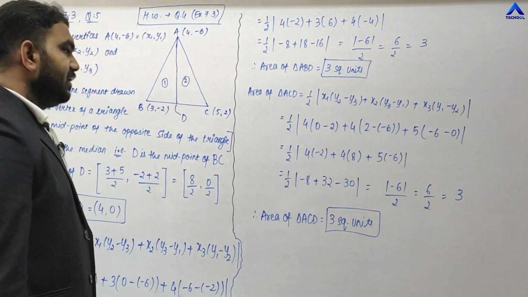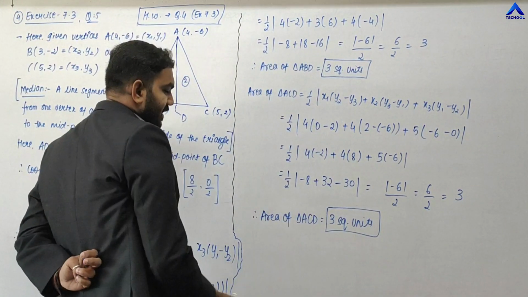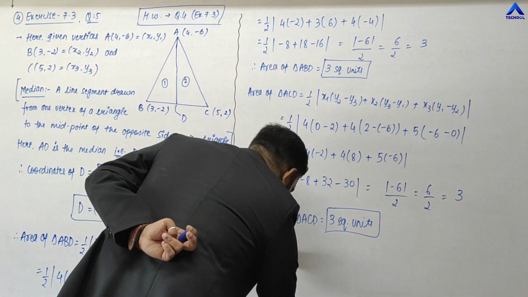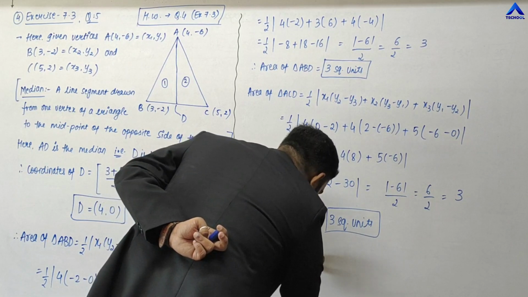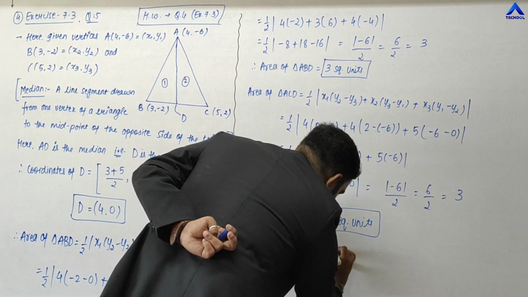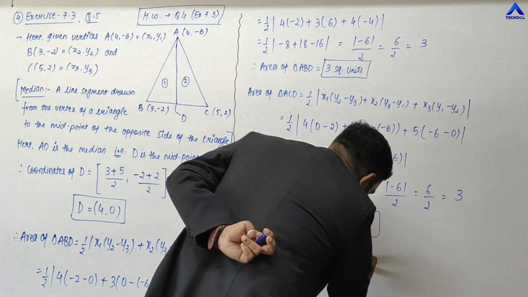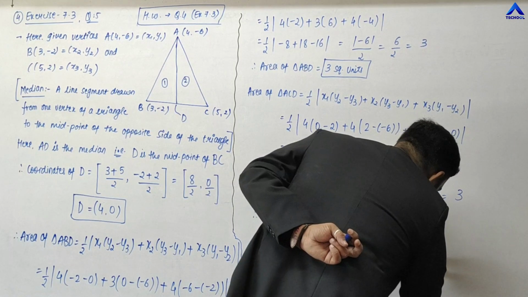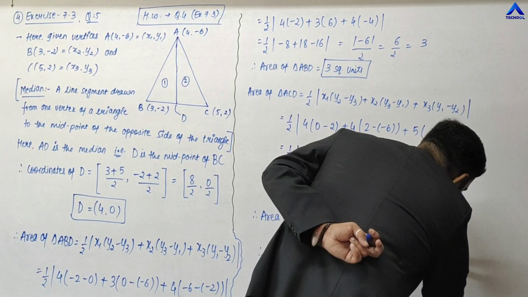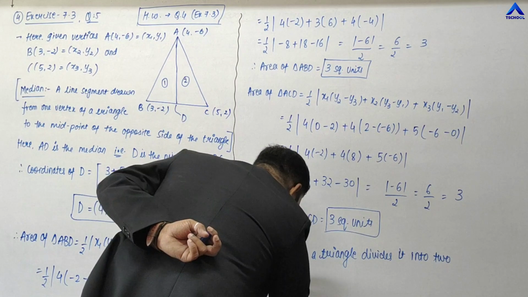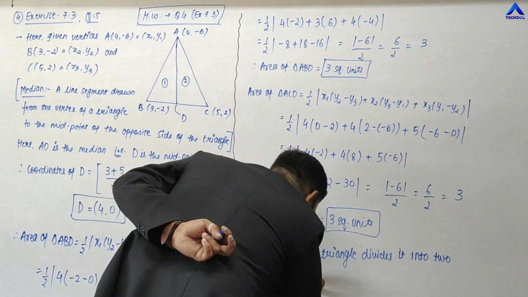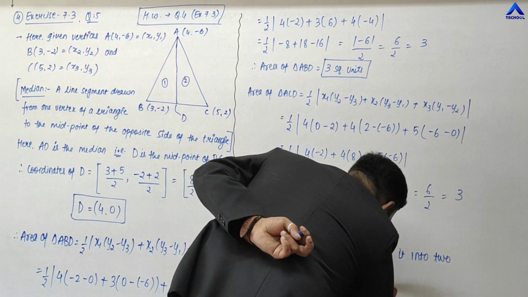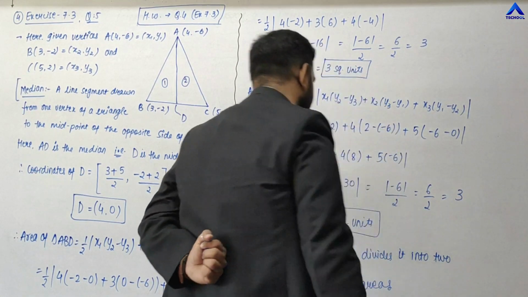Right? So we got 3 square units for area of triangle ABD and 3 square units for area of triangle ACD. Therefore, median of a triangle divides it into two triangles of equal areas.